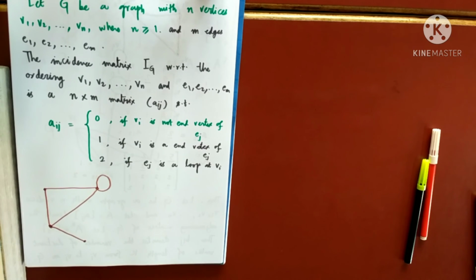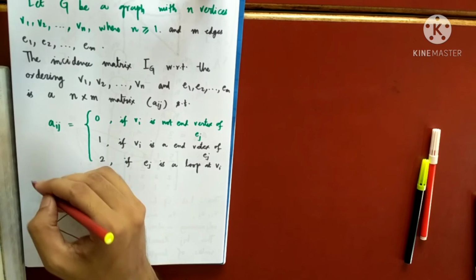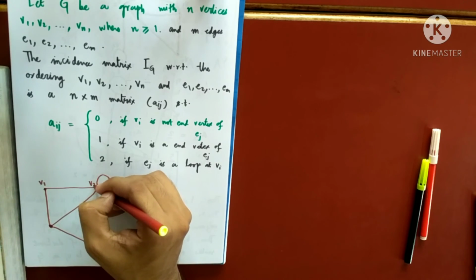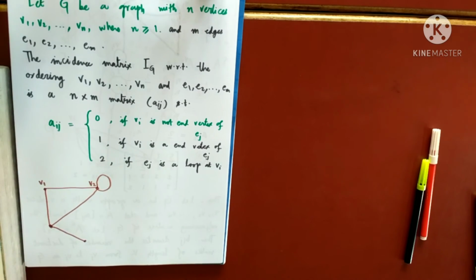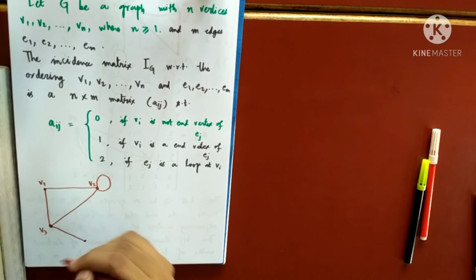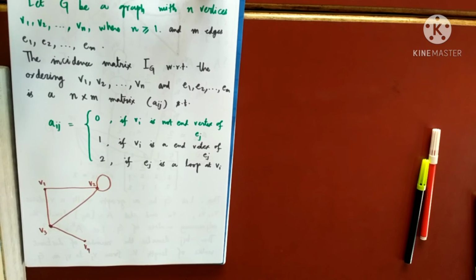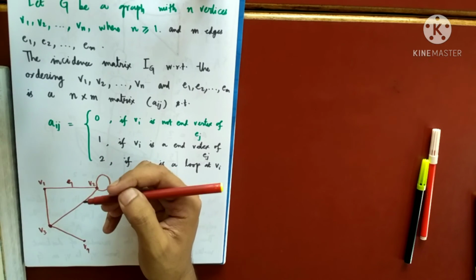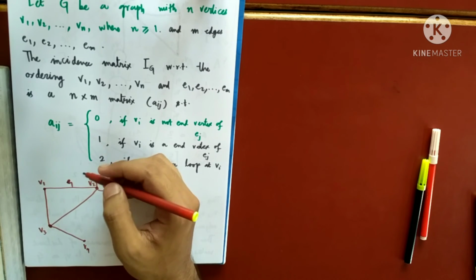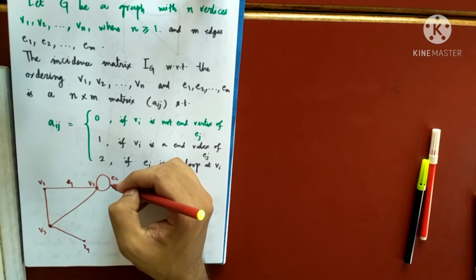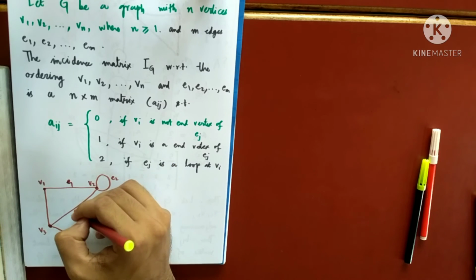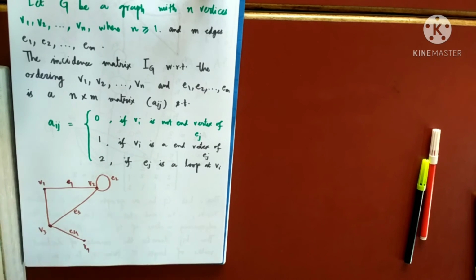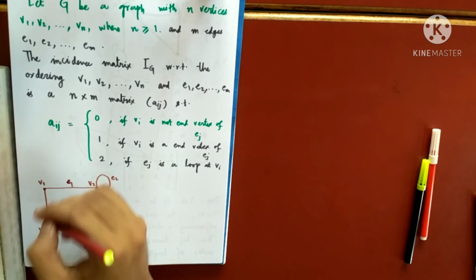Let me give the vertices names. I am giving them like this: V1, V2, V3 and V4. Let me give the edges names also this time. In the last one, the names of the edges were not important. Here it is important. So E1, E2, E3, E4 and E5.